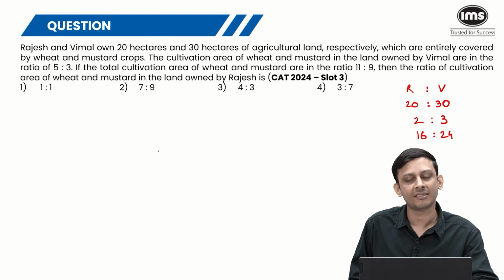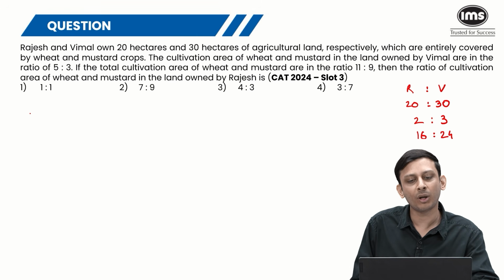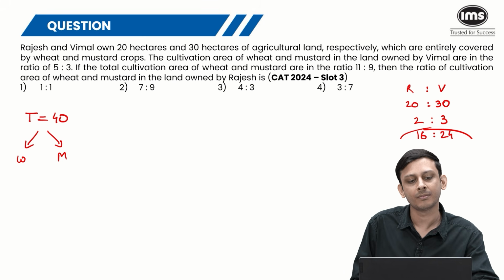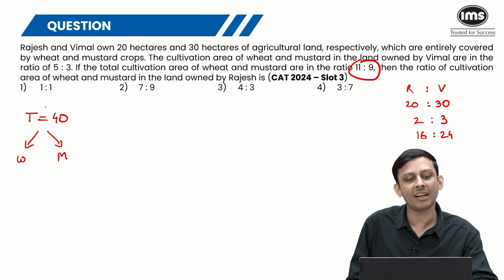So if we start with this, first of all the total here we are taking as 40. Now out of this total 40, if we look at wheat and mustard, here 20 parts are giving us 40. 20 into 2 is 40.